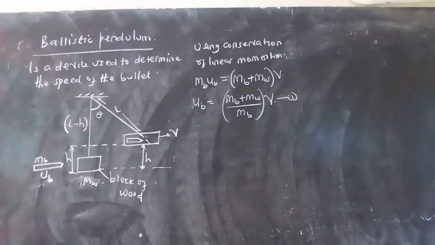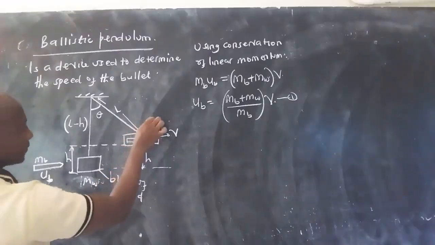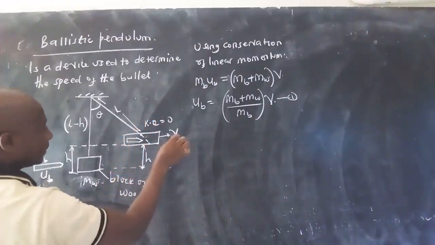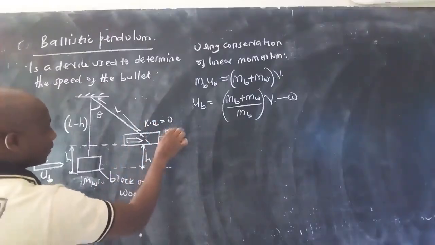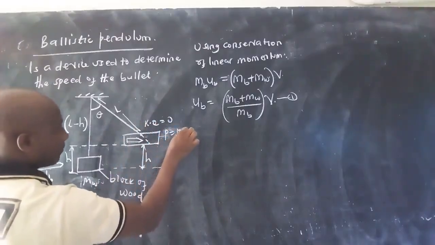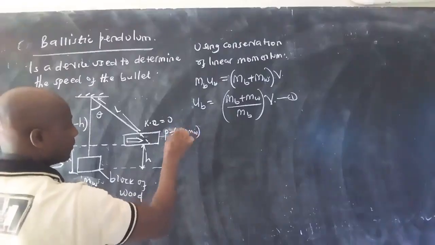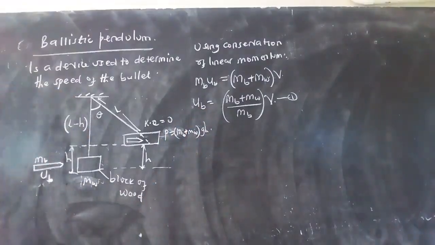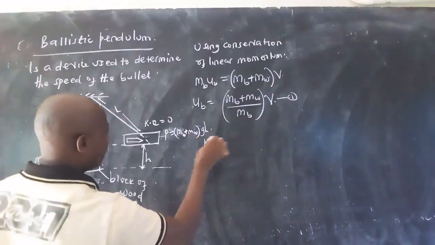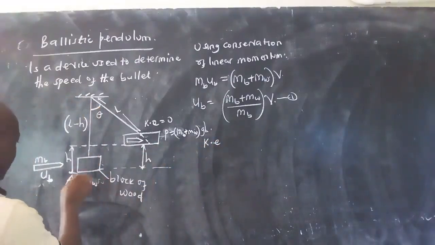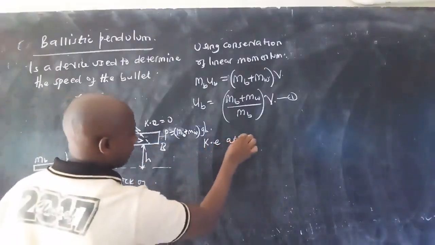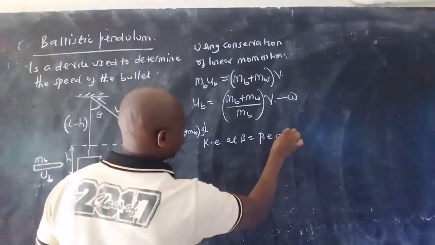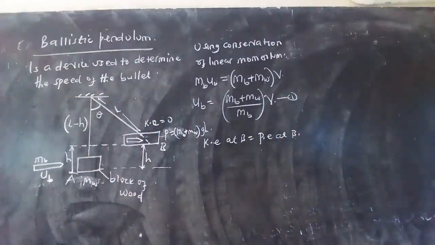Now, kinetic energy here is equal to 0. Then the potential energy will become mgh, mass of the bullet plus mass of the wood times g times H. So at that point, kinetic energy of the composite mass after collision, let me say this is at A, this is at B, kinetic energy at A is equal to potential energy at B. So there is conservation of energy, because kinetic energy is converted to potential energy.